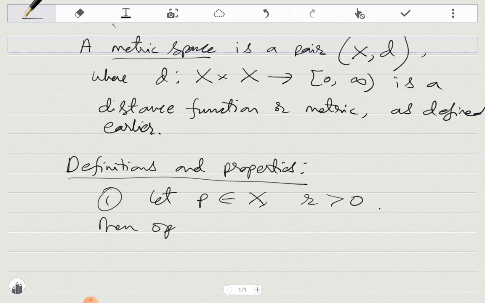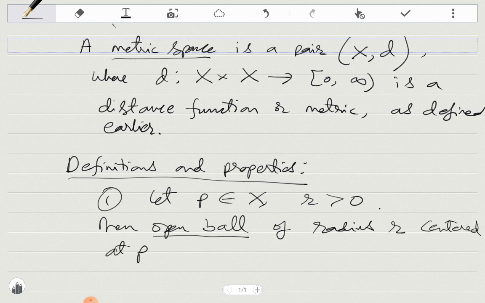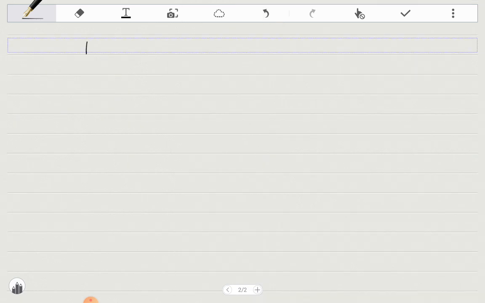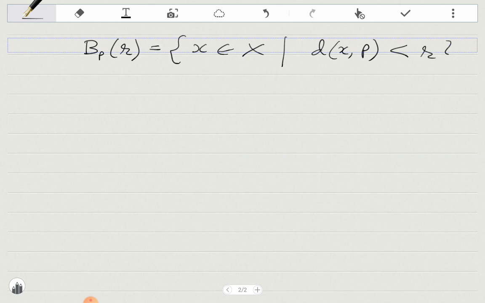The open ball of radius r centered at P is the set B(P, r), the set of all x in capital X such that the distance between x and P is strictly less than r.